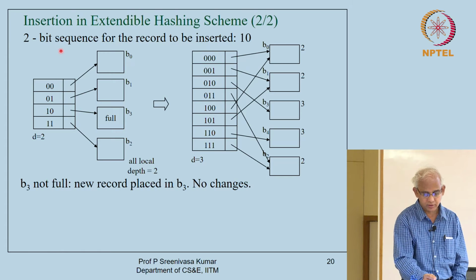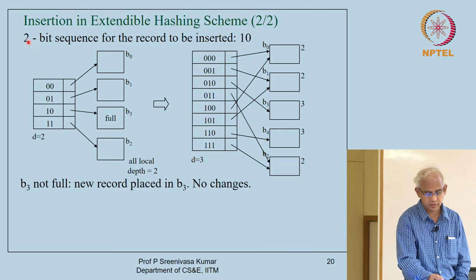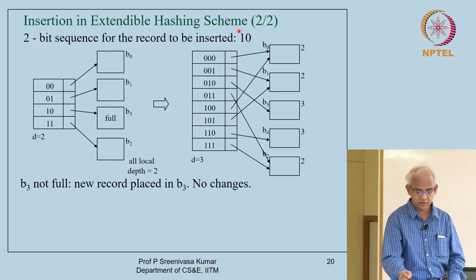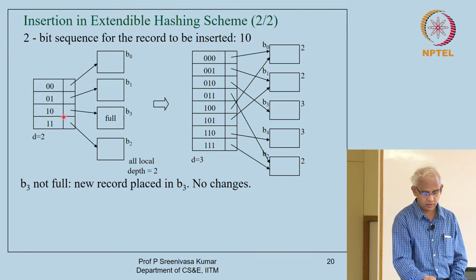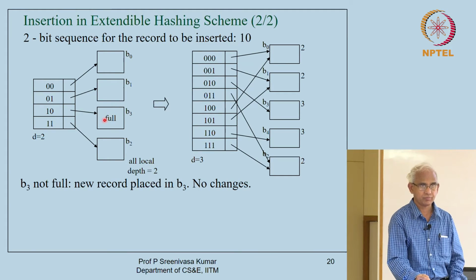All these directory entries were pointing to a bucket, each of them pointing to one bucket. And now let us assume that the 2-bit sequence for the record to be inserted is 1 0.